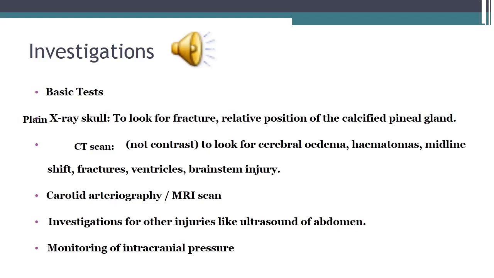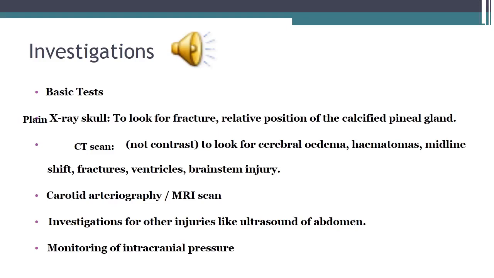A non-contrast CT scan looks for cerebral edema, hematomas, midline shift, and fractures, the state of the ventricles, and any evidence of brainstem injury. We can do carotid arteriography to look for any vascular injury. We can do an MRI scan later on, not in the emergency state.